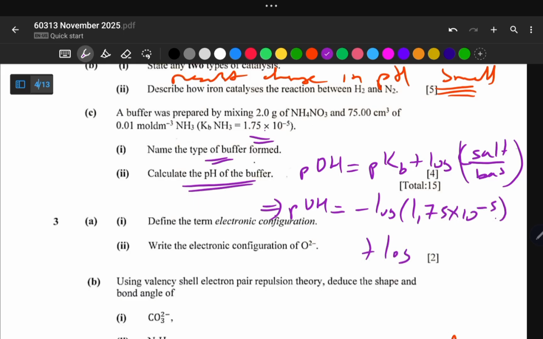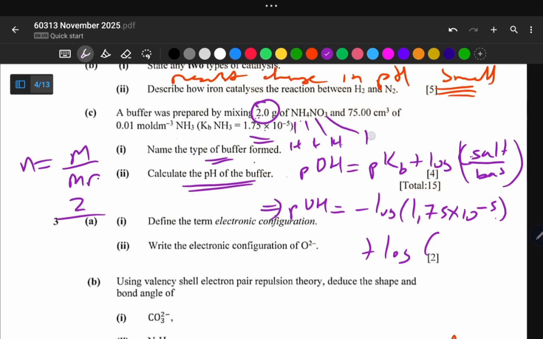plus log of our salt. Here we're given the mass, so we want to find the concentration of the salt, right? So n is equal to m over Mr. Here we have 2 grams of ammonium nitrate. We're simply going to add these Ars: 14, 4, 14, and then 16 by 3.